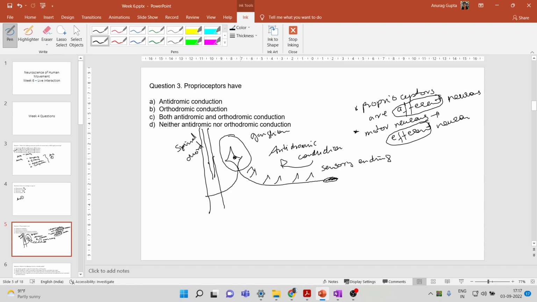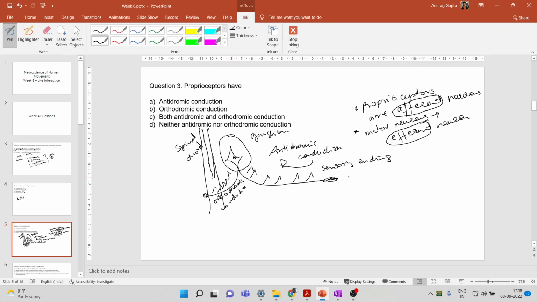Then some processing happens here, and then we have another set of action potentials that travel to the spinal cord. This ends in synapses with neurons in the spinal cord. This is called orthodromic conduction.